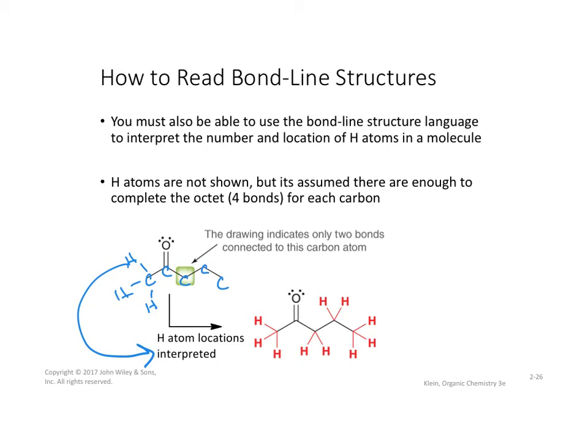The hydrogens are omitted, so you would add 2 hydrogens to get to a total of 4. Same for this carbon, and for this carbon it would be 3 hydrogens. So soon this will become second nature to you, and you can just look at a bond line structure and know and understand how many hydrogens exist but just aren't shown.